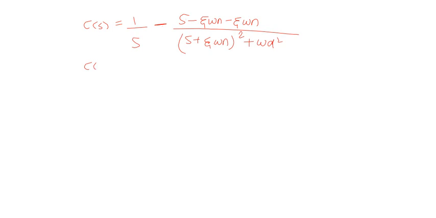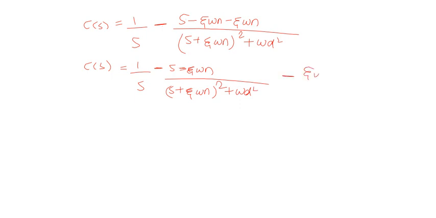Again, then C of s becomes, I am splitting this second term: minus s minus zeta omega n whole divided by s plus zeta omega n whole square plus omega d square, minus zeta omega n by s plus zeta omega n whole square plus omega d square.